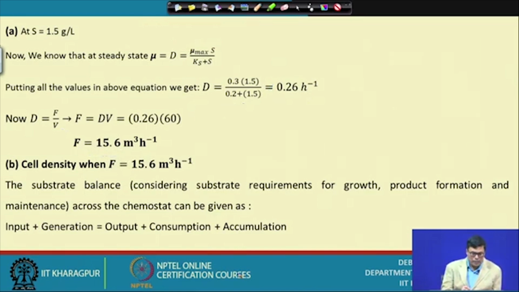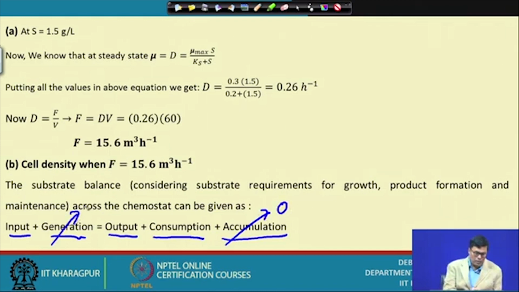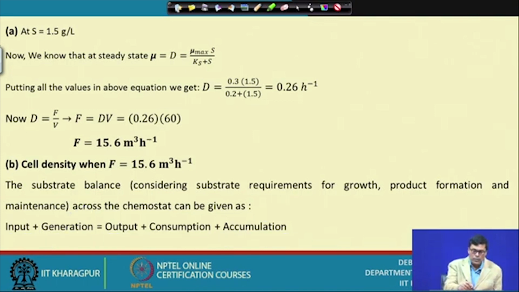Now, once we find that, we shall have to find out the cell density. How can we find out the cell density? Now, if you do the substrate balance: the rate of input plus the rate of generation of substrate equal to the rate of output of the substrate plus the rate of consumption of substrate or accumulation of substrate. Now, under steady state condition this will be 0, and in case of substrate balance the generation will also be equal to 0.